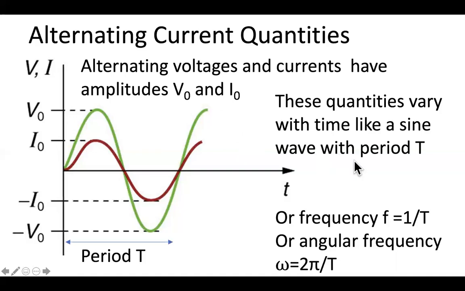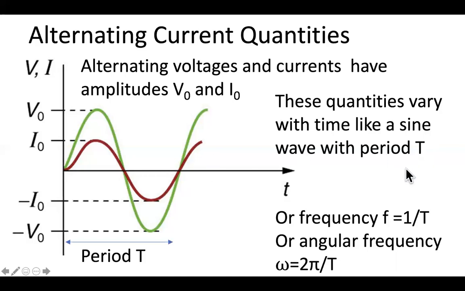The other important parameter is the period, which is how long it takes to go up, down, and back. So how long it takes to do a complete cycle. That's generally denoted by a letter known as T for time. And you can see in this case, both the current and the voltage have the same period. And for these particular cases, we're going to assume that's the case.